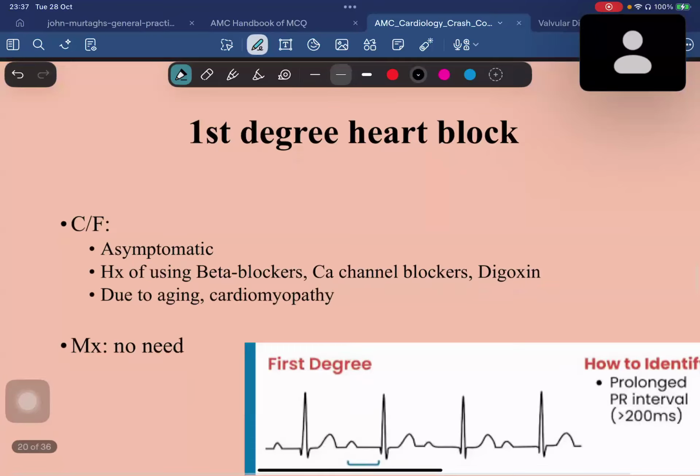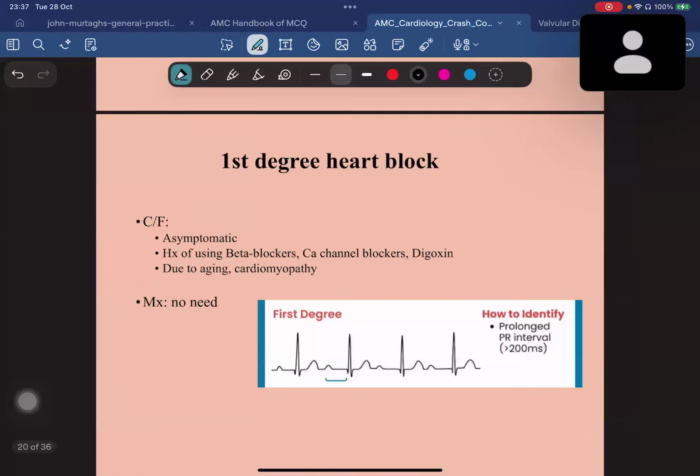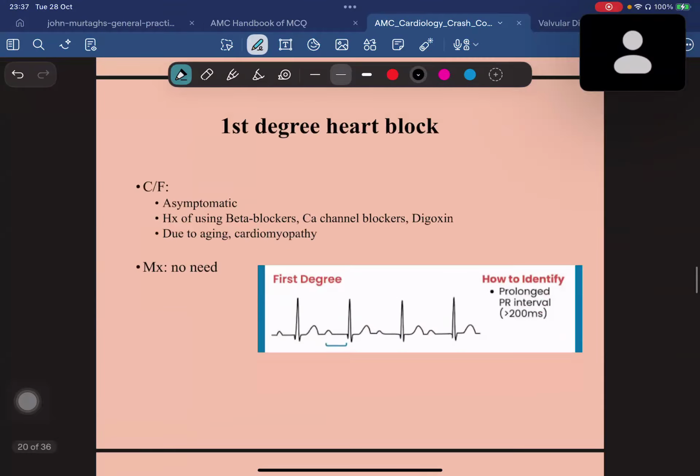So we'll just go through the heart block parts as well. I'm sure all of you know these things, but since these are very common topics in AMC, there's no way we can skip these parts. So first degree heart block is pretty much asymptomatic, and there could be a history of using beta blockers, calcium channel blockers, and digoxin.